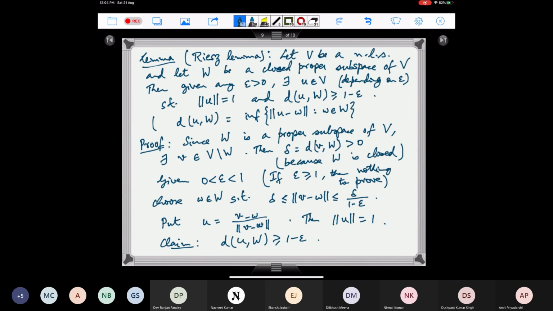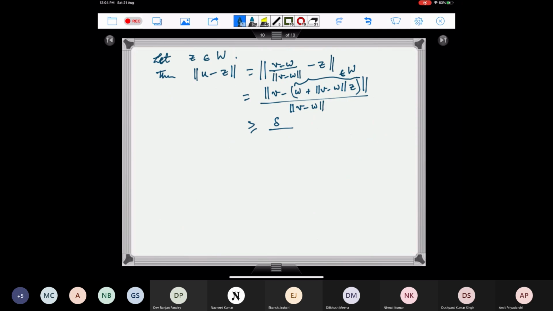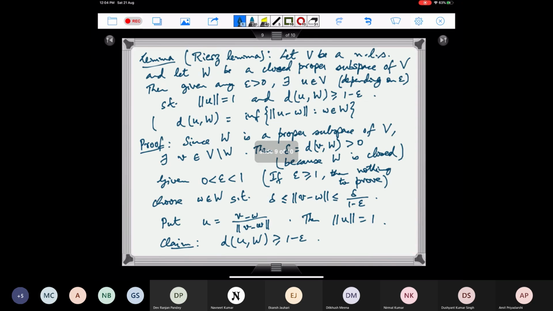So 1 by norm v minus w will be bigger than or equal to 1 minus epsilon by delta. So delta times this is delta by delta times 1 minus epsilon, which is equal to 1 minus epsilon. So we have shown that the norm of u minus z is bigger than or equal to 1 minus epsilon.